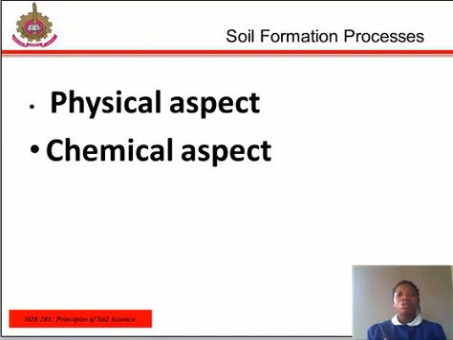A more mature soil, on the other hand, shows evidence of removal and transport of surface layer clay to a subsurface layer called the horizon B.